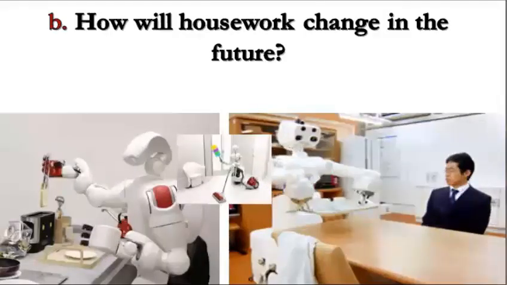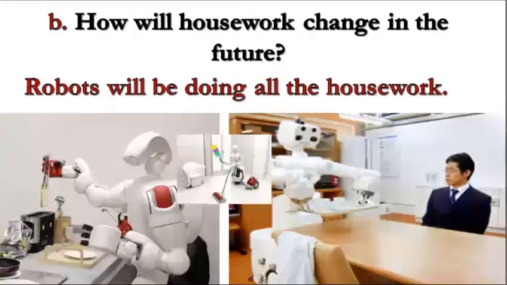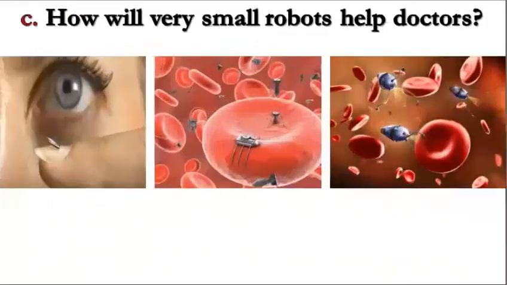How will housework change in the future? Have you found the answer? Exactly. Robots will be doing all the housework. Robots will help us do almost everything at home. How will very small robots help doctors? Of course, we are talking about medicine now.